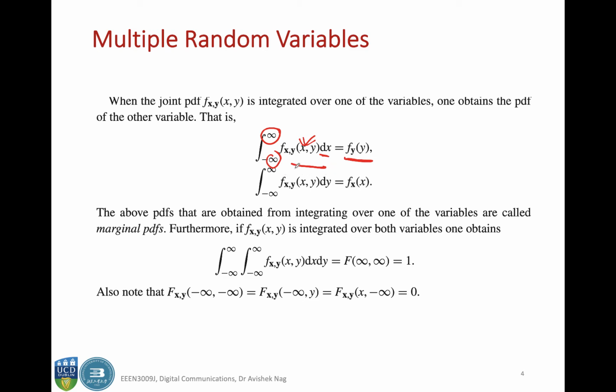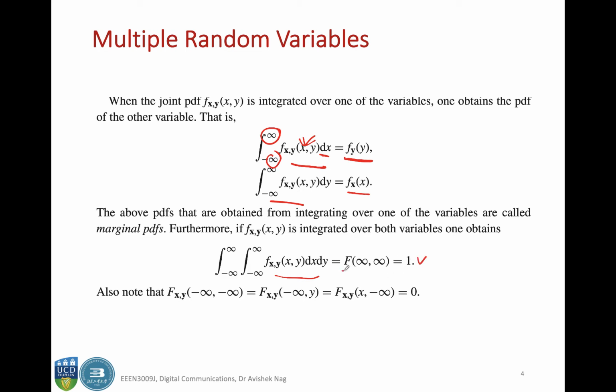Again, if you take the integration with respect to all values of y, then you will get the marginal distribution of x. And if you integrate with respect to both the variables over all possible values, then that integration gives you the entire joint sample space, and therefore that gives the value 1.